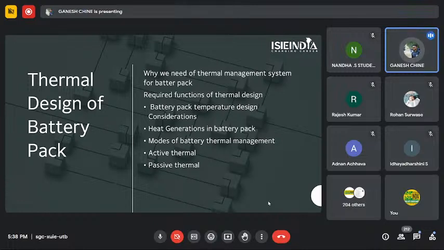To overcome that temperature problem, we have to use some cooling systems. There are two modes of thermal management system: one is active cooling and one is passive cooling.